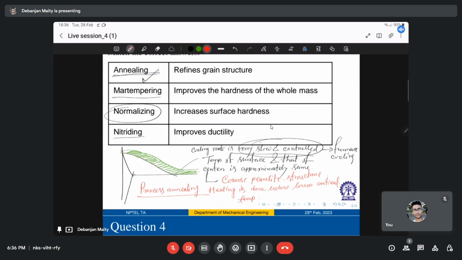Recrystallization temperature, again we'll discuss what it is. Generally this is about 0.6 to 0.7 of the melting temperature of the metal. And again cooling is in the furnace. The main purpose of process annealing is to relieve the residual stresses of low carbon steel.